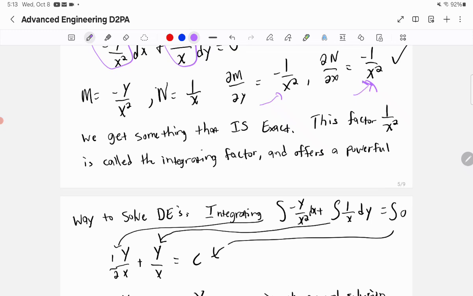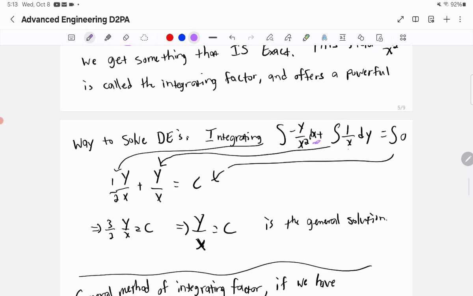So the integral of minus y over x squared dx plus the integral of 1 over x dy. Well, if you notice, the integral of this first part becomes y over x.